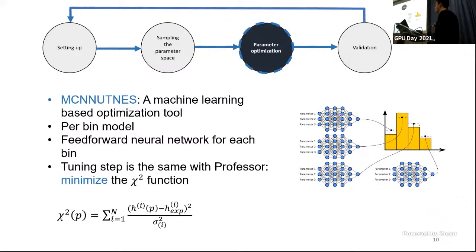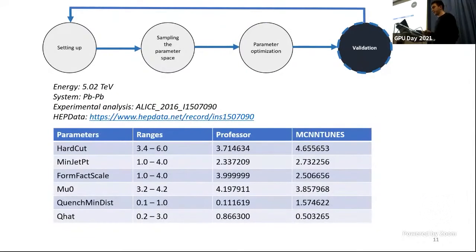The tuning step is also the same: to minimize this chi-square function, and it's going to end up with our results. So I'm going to show you the validations and the comparison of the two optimization tools.